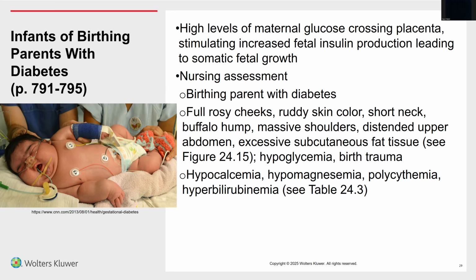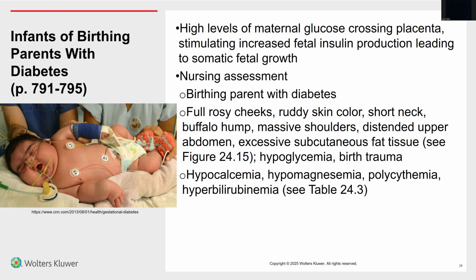On assessment, these little ones will have full rosy cheeks, a ruddy skin color due to polycythemia, a short neck with a buffalo hump back there because of the big old fat pad, massive shoulders, distended upper abdomen, excessive subcutaneous fat tissue, and they can suffer from hypoglycemia, birth trauma, hypocalcemia, hypomagnesemia, and hyperbilirubinemia.